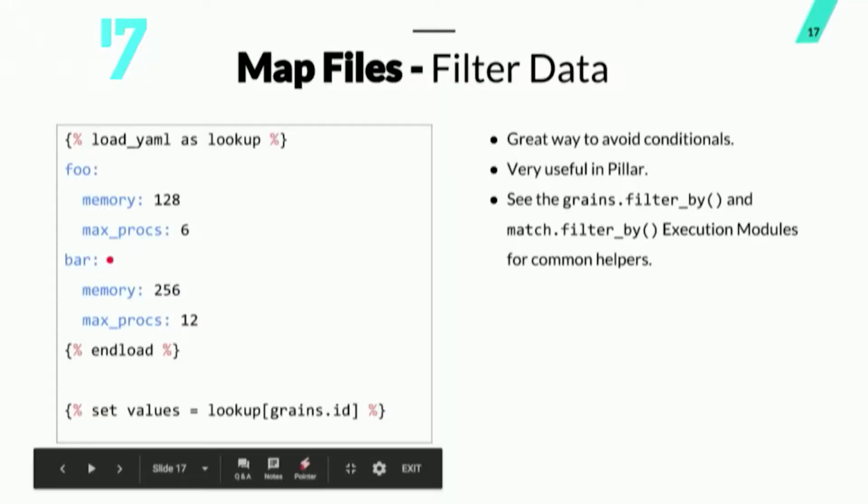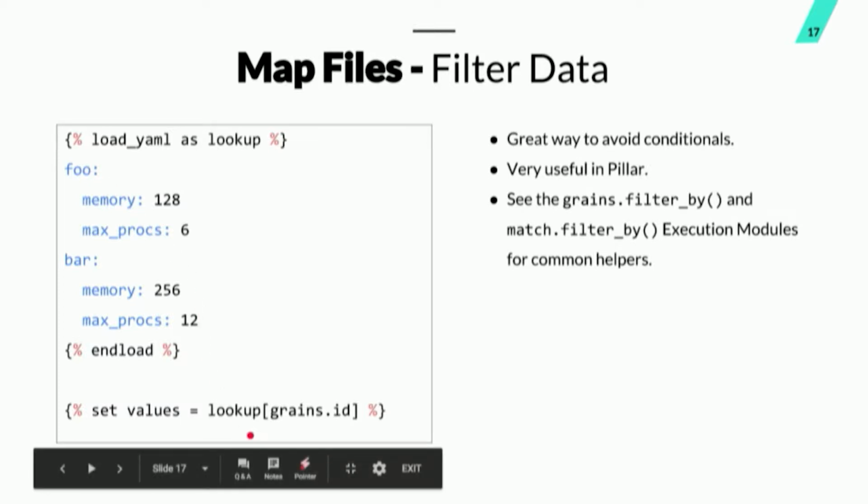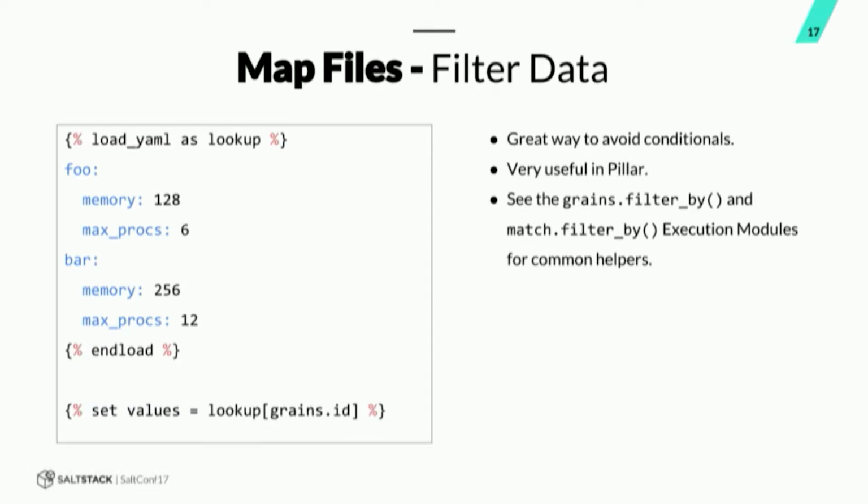For this example, we're going by minion grain. So you've got this dictionary. It's got an application configured for foo and an application configured for bar, and you've got a grain that you can use to look that value up in the dictionary. That's all this is doing. It's just looking up a value in the dictionary, so you get a subset of that dictionary that you can then easily reuse.